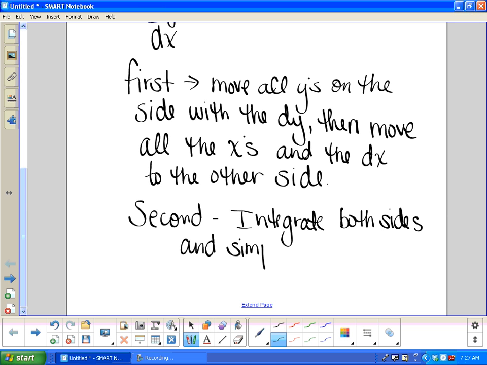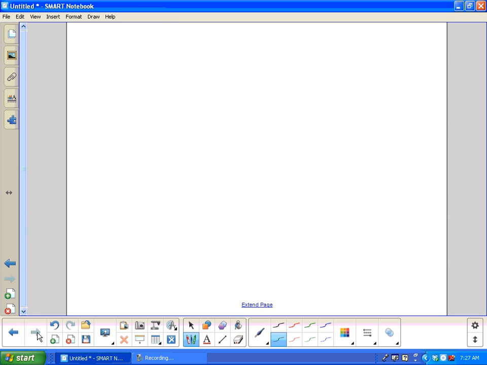This usually involves solving for y, but in some cases where you have a y squared, sometimes we'll just leave the left-hand side as y squared or y to whatever power you have. So let's look at some examples. I'm just going to work a few examples for you, and then y'all will work some in class.